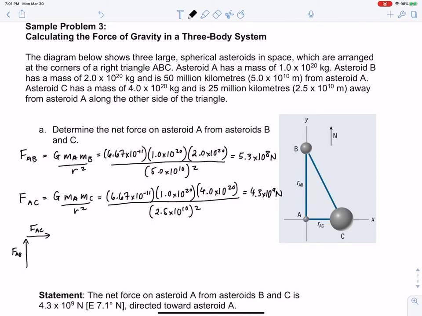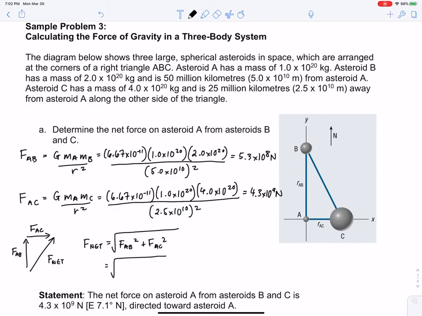If we add them, because they're vectors, tail to tip, we can find the net force like so, where the net force, Pythagorean theorem, is equal to the square root of FAB squared plus FAC squared.